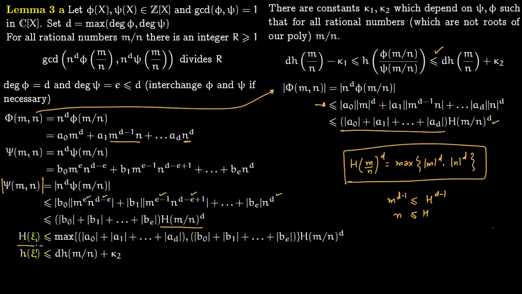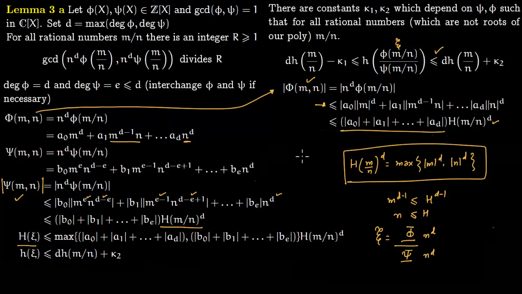So height of psi, basically psi, we can set it up as capital phi over capital psi, or this, because you can just multiply numerator and denominator by n to the d to get this term. So height of psi is the maximum of either this or this.